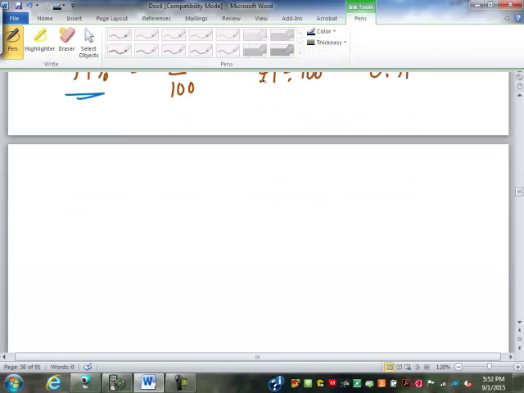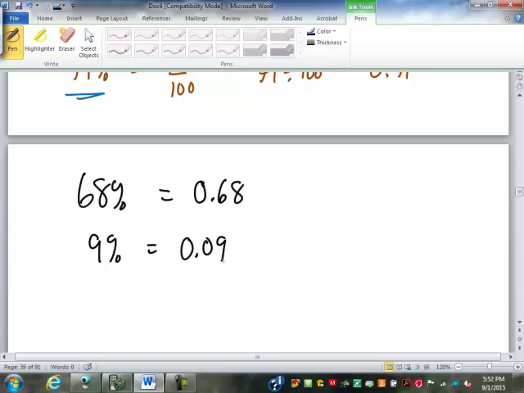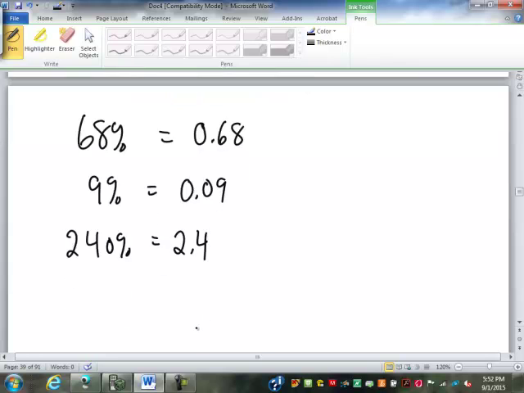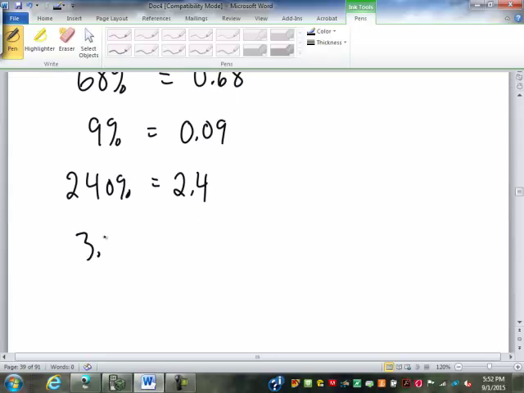So if I have 68%, what is it going to become as a decimal? 0.68. If I have 9%, what is it going to become as a decimal? 0.09. 240% will become, well, 2.4, yes, 2 4/10. 2.2%.